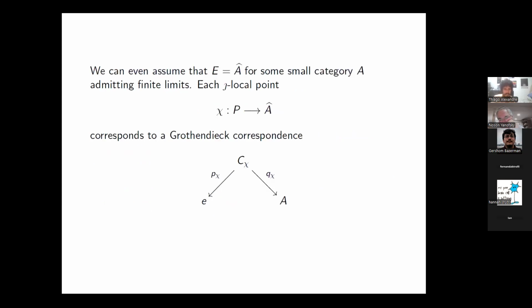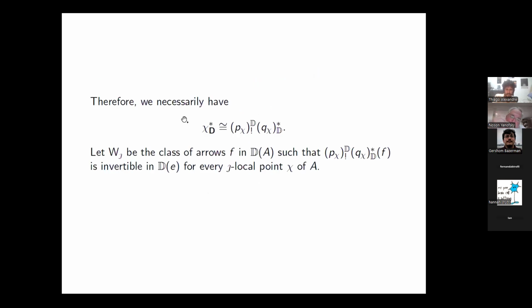So we can even assume here that E is of the form A hat for some small category admitting finite limits, and in this case, each G local point of A hat corresponds to a Grothendieck correspondence, as I said before, and therefore we necessarily have this characterization of the Xi star, the inverse image of Xi.